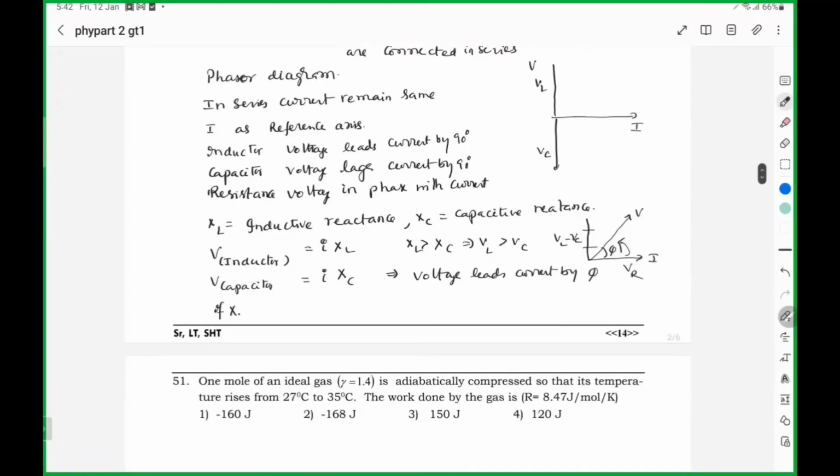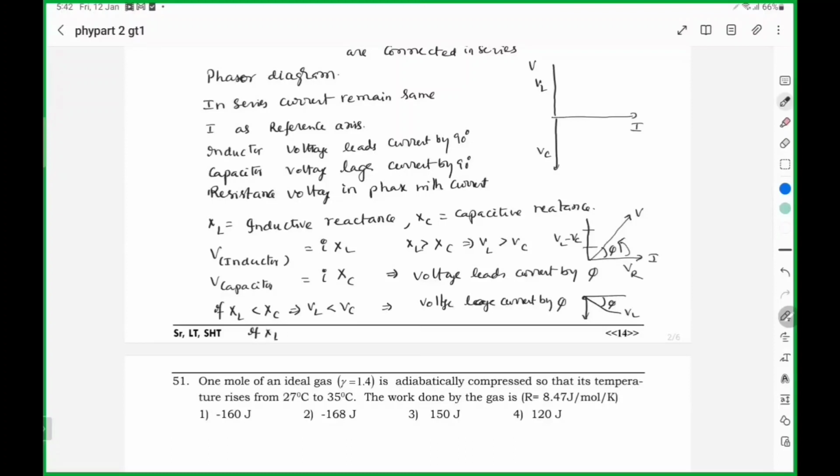If XL is less than XC, so VL is less than VC. So here it is voltage lags current by an angle phi.